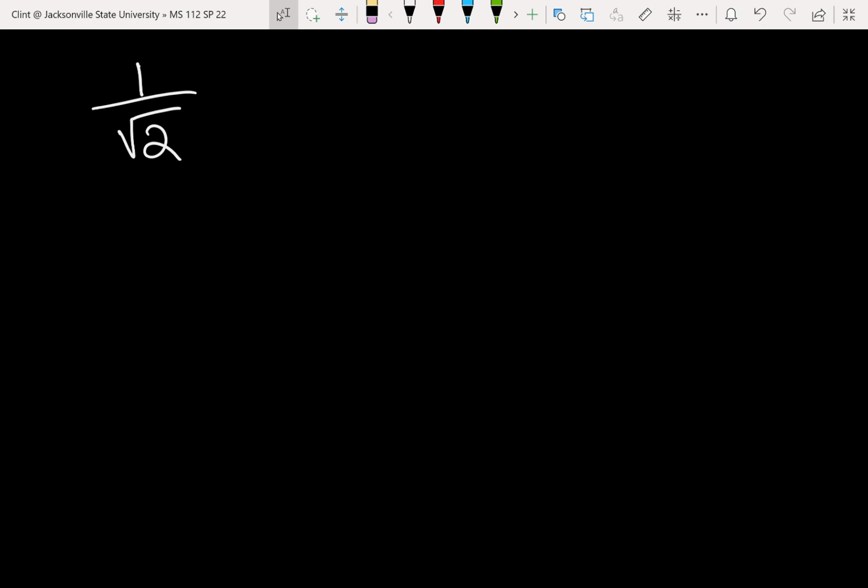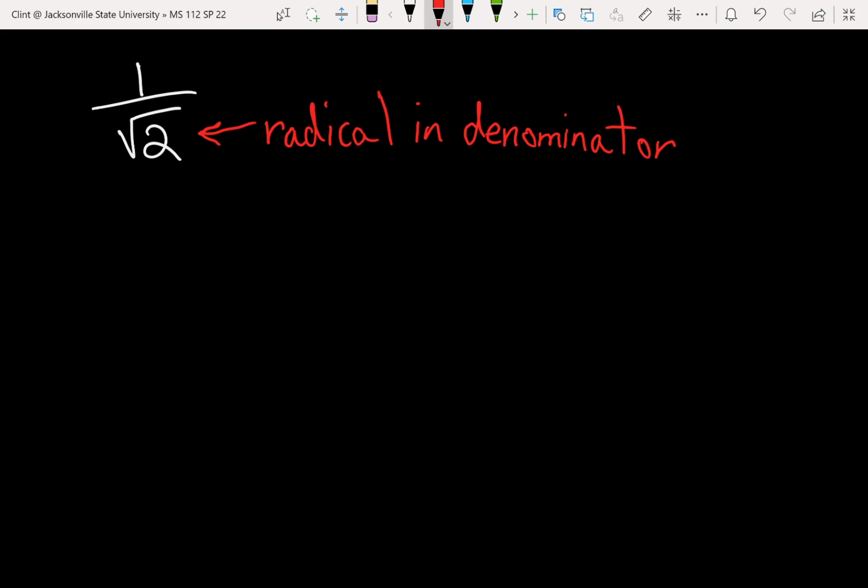So if we find ourselves in a situation like this, the key thing here being that we have a radical in the denominator, in that case, sometimes we'll be told we need to rationalize the expression.